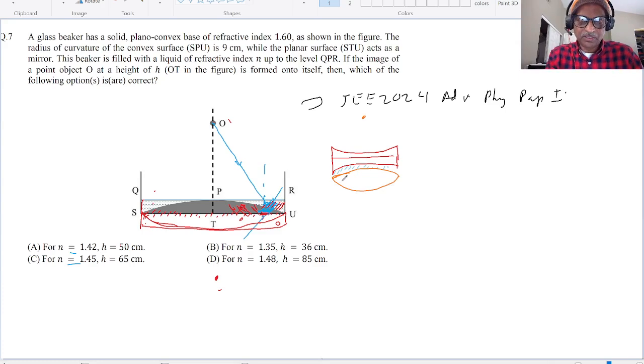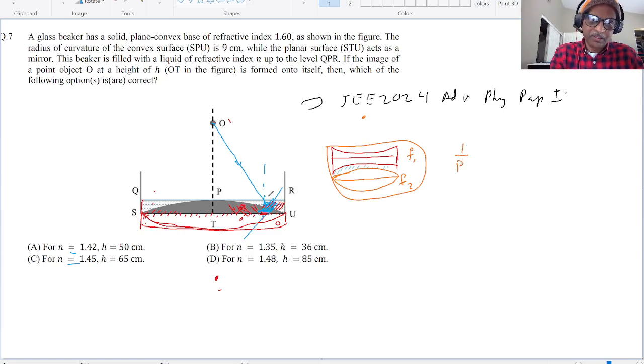As long as we know f1 and f2, we can use the effective focal length, or the power. So the power that this ray will face will be 1 over f1 plus 1 over f2, and the mirror here plus 1 over infinity for the mirror.